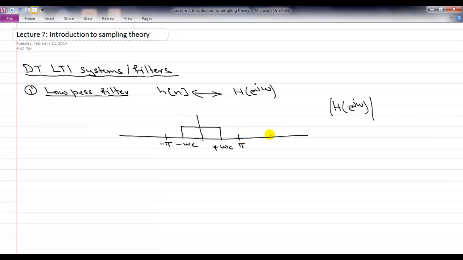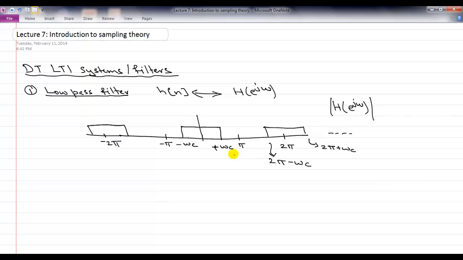Okay. But because of the periodicity, you have the same thing repeating. So you have the same thing happening around 2 pi and minus 2 pi and so forth. This point will be, for example, 2 pi plus omega c, and this point will be 2 pi minus omega c.